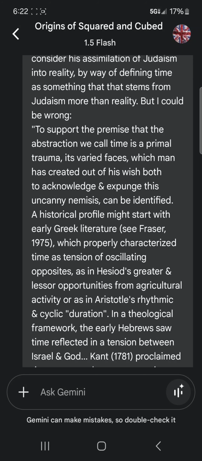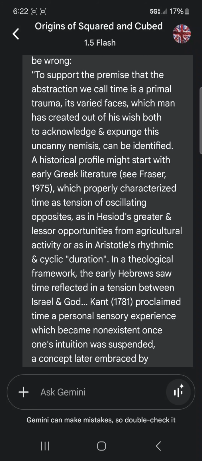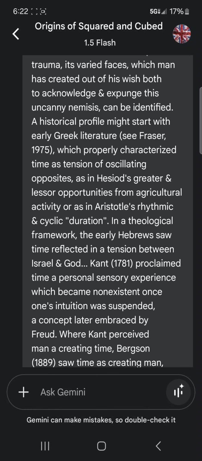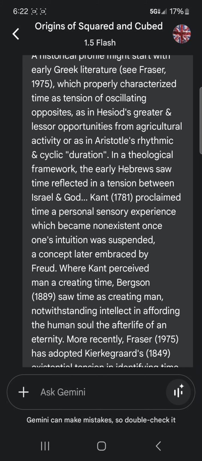abstraction we call time is a primal trauma, its varied faces which man has created out of his wish both to acknowledge and expunge this uncanny nemesis, can be identified. A historical profile might start with early Greek literature, see Fraser, 1957, which properly characterized time as a tension of oscillating opposites.